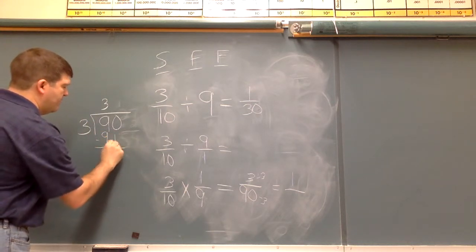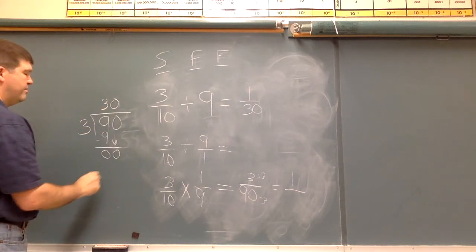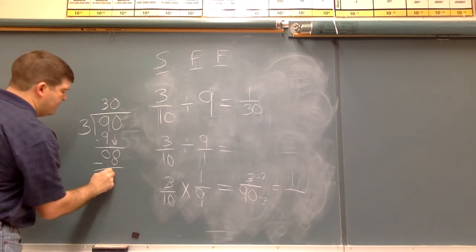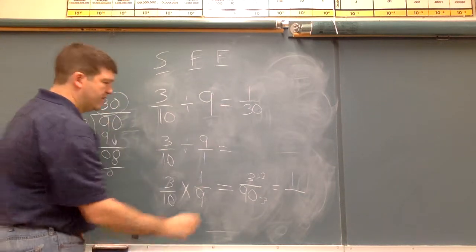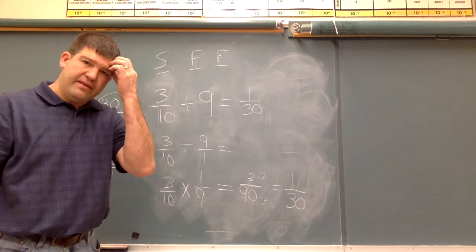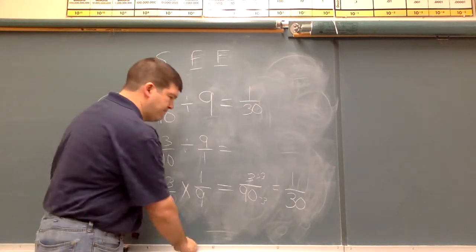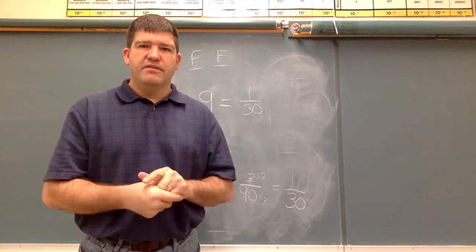Cut that out. Bring my 0 down. How many times does 3 go into 0? 0 times. No numbers left. So my number right here is 30. I get 1/30.